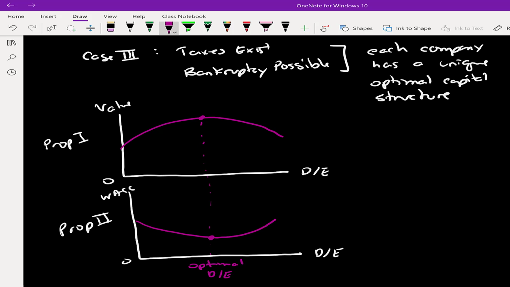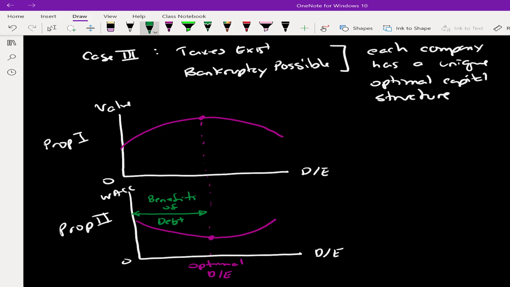Now, why does it go down and why does it start going up? Let's look at this part here, where the cost of capital is going down. This is caused by the benefits of debt. The benefits of debt is essentially that the taxes are lower because interest is tax deductible.